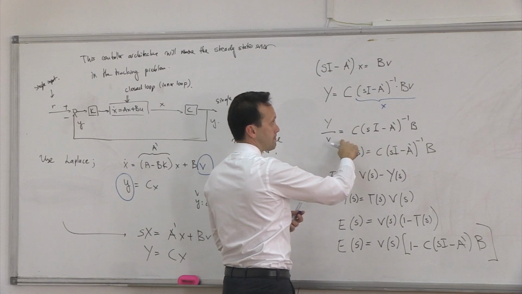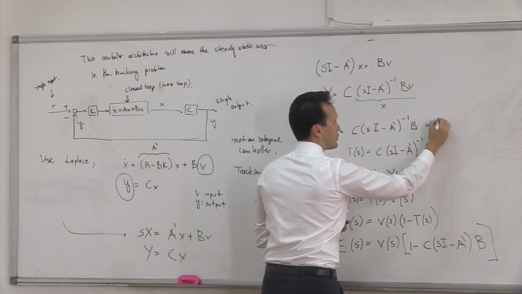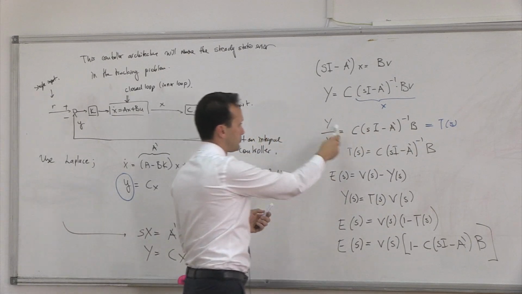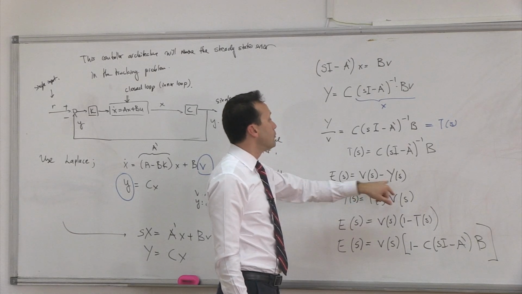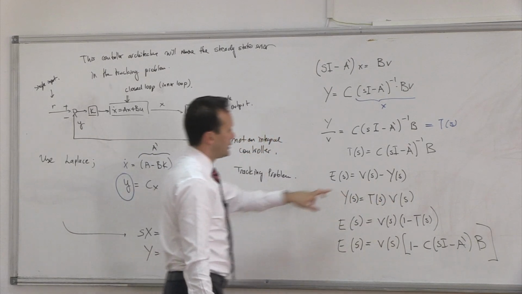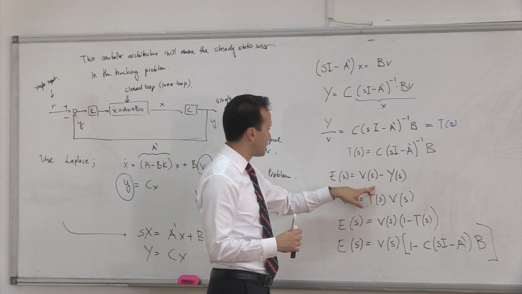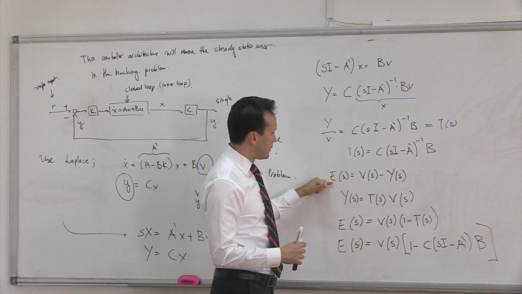Because you have an S over here, if you write this correctly, this will be the transfer function between the input and the output. What you want is that Y and V should cancel each other, right? That is the plan. The input and the output should be the same because that's a tracking problem. So that is gone. That's your error.